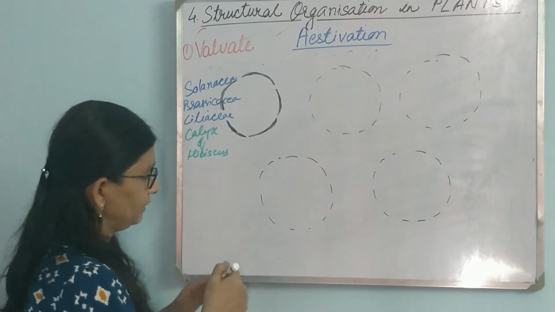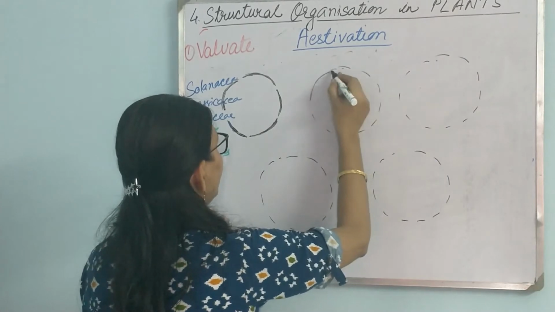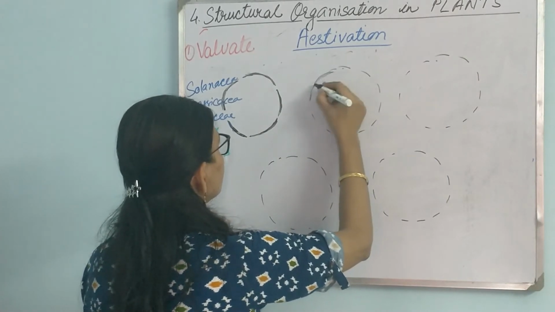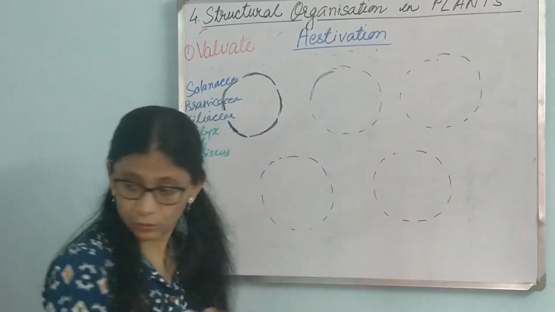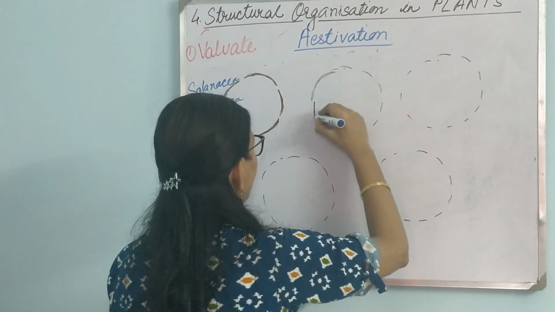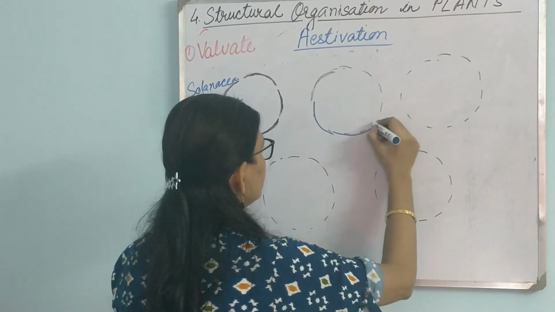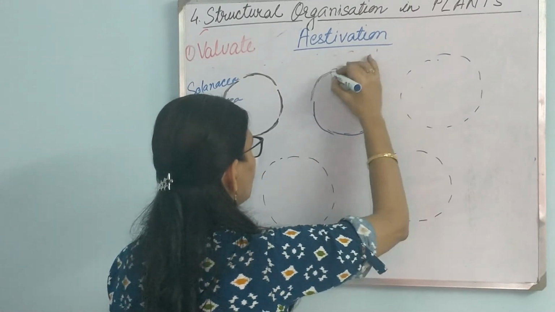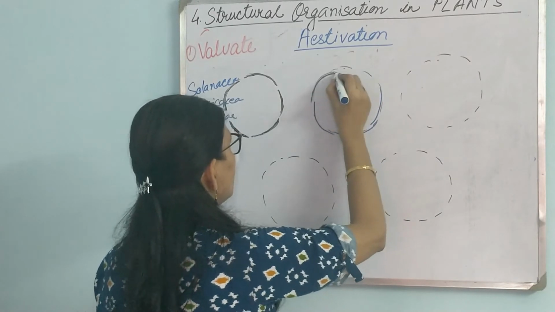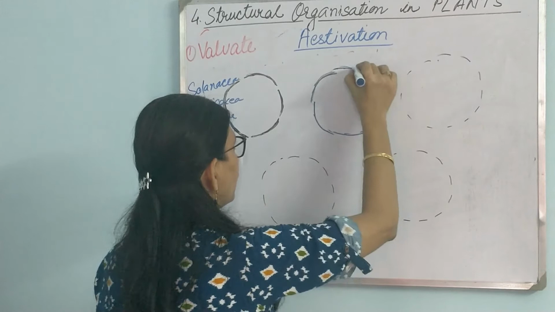Then the next type is somewhat like this. Let us draw. The 5 members are arranged like this. So my pen is not working. I'll take a blue one. So they are like this. One inside, one outside. One inside, one outside.